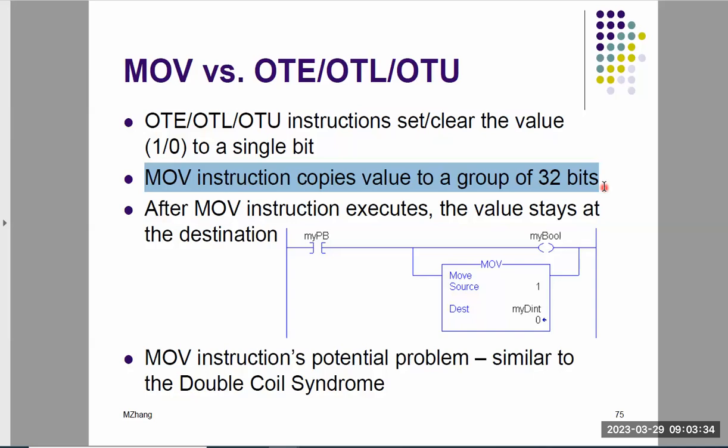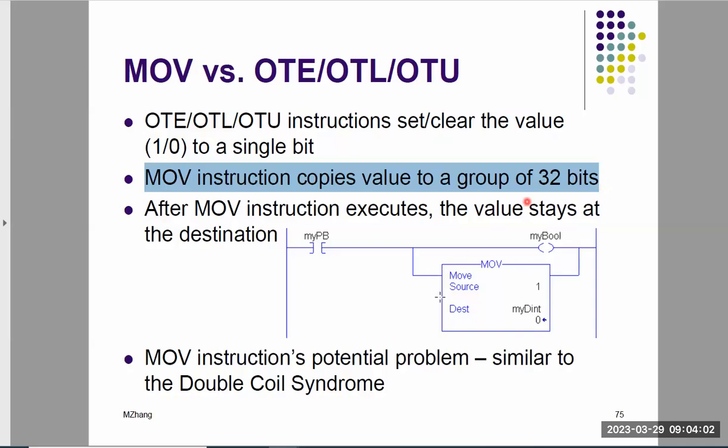Well, maybe we can say object. The object of the instruction is the 32 bits group. It's a group of 32 bits, right? Now, instead of a single bit, right? So they have similarity, right? So they just change the value, right? So 1 bit versus 32 bits as a group, right?